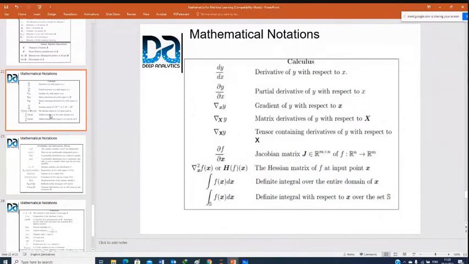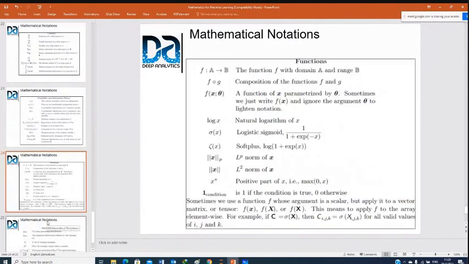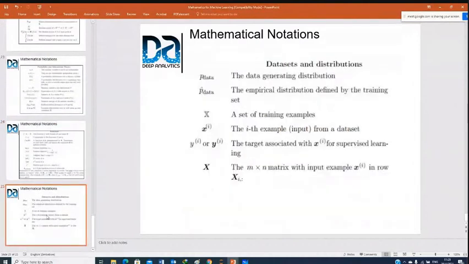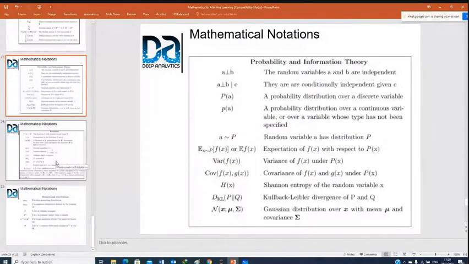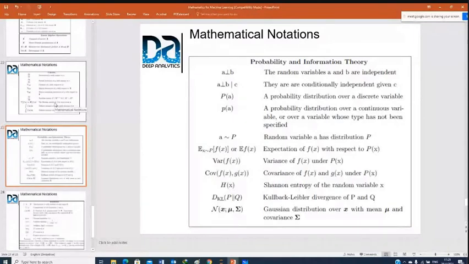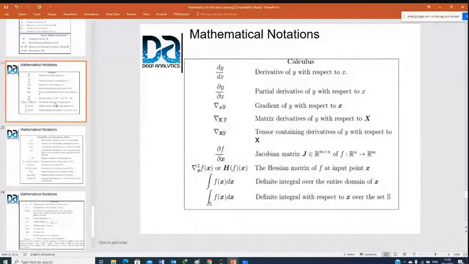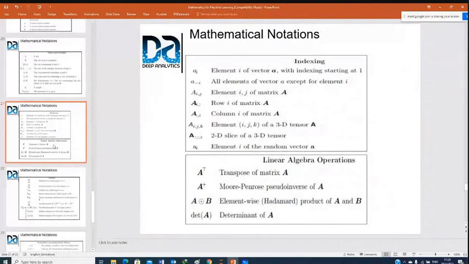But the thing is, you guys didn't do probability theory, so it's going to be a bit of a challenge to talk about some of the things in probability theory for machine learning.